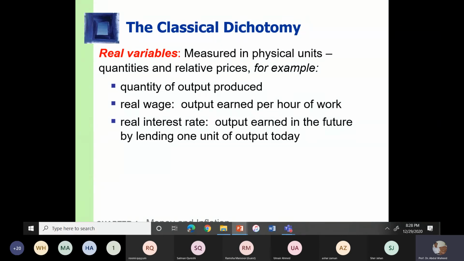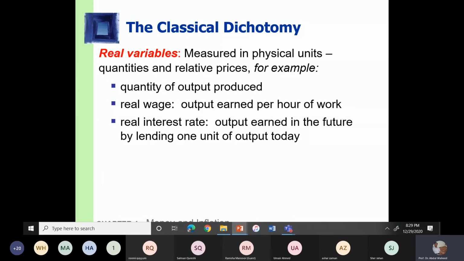So if someone says your wages have increased, immediately we will ask what happened, whether real wages have increased or nominal wages. If nominal wages have increased and prices have also increased in the same proportion, it means there is no change in real wages, no change in purchasing power.